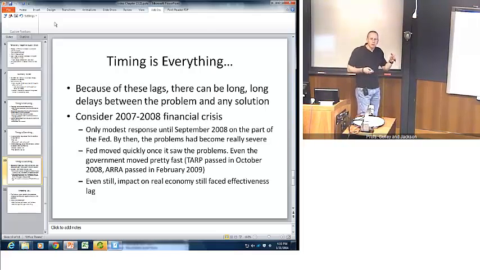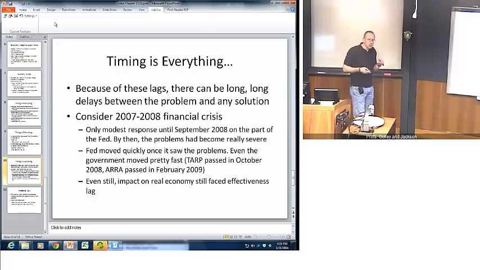By then, the underlying problems in the financial market and eventually the economy became very severe. They were able to move really quickly once they discovered these problems, and even the federal government moved very fast. For example, the TARP bill was passed in October of 2008, and the American Recovery and Reinvestment Act was passed in February 2009. And for the federal government, those are really pretty lightning fast actions.